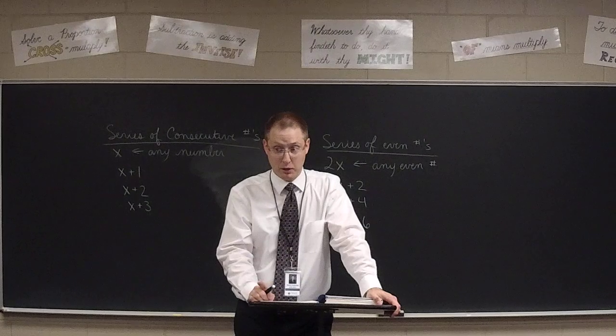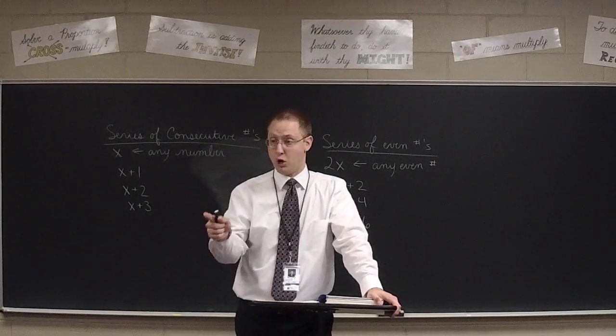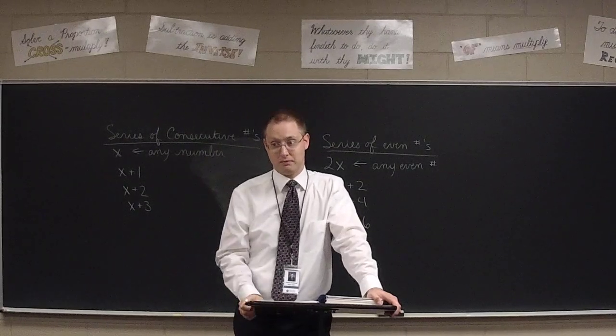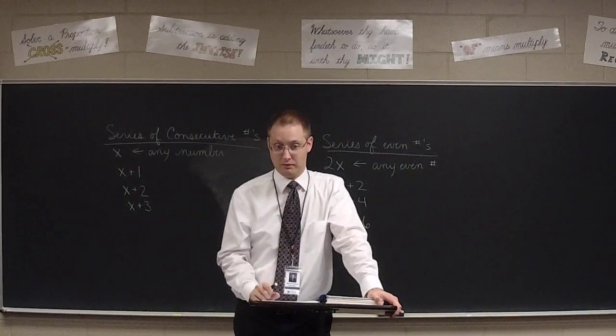Pick any even number and go up 1. 3x? No, because if x were 4, 3 times 4 is 12, that's even. So 3x wouldn't work. Take any even number and then add 1 to it.